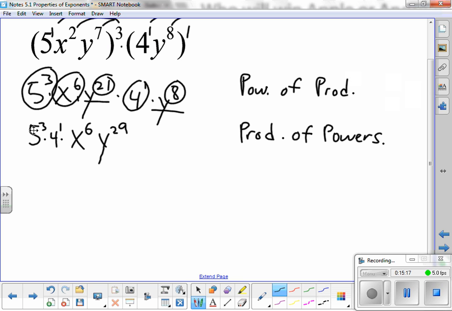5 to the third: 5 times 5 is 25, and another 5 is 125. 125 times 4, so 125 times 2 is 250. There's 4 of them, so that's going to be 250, so 500, I'm hoping. 500 x to the 6th y to the 29th.